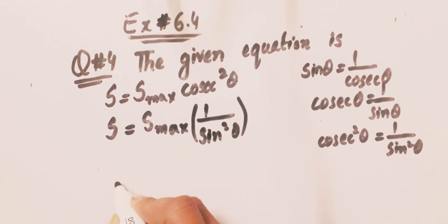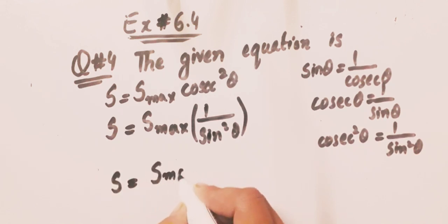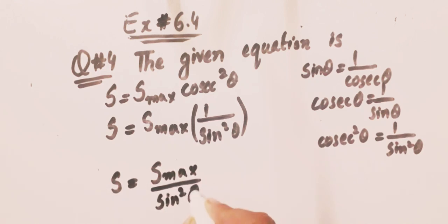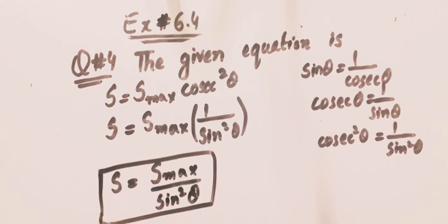So S is equal to S maximum by sine square theta. So this is the answer of this question. Now we will solve question number 5.